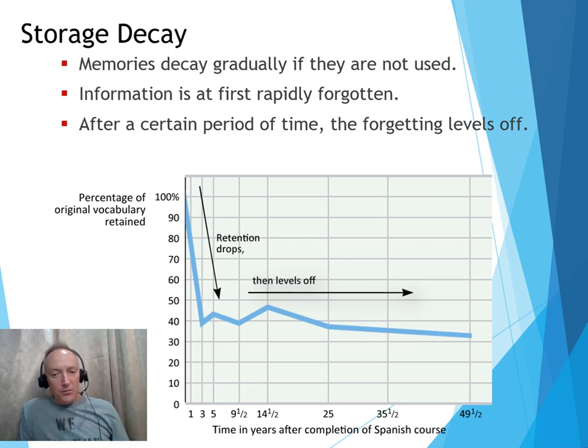This shows people in a Spanish course and how much Spanish vocabulary they were able to retain after the course ended. So you can see that after the course ended, your retention dropped off. You didn't lose everything, then it leveled off.